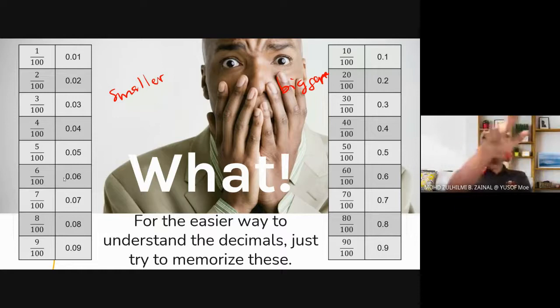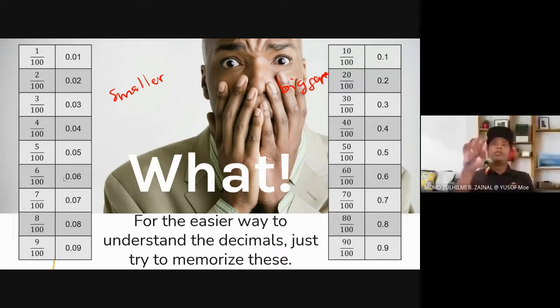Senang je, tak payah ingat pun. Kalau 1 of hundreds, 1 until 9 of 100 means 0.01 until 0.09. Kalau 10 of 100, 10, 20, 30 is 0.1 until 0.9. That's all. Kalau number yang lain, for example 0.19, 0.31, yang tu tak ada masalah. Kalau ada 2 digits, you can just see the place value tu, kamu boleh nampak number tu small ke big.